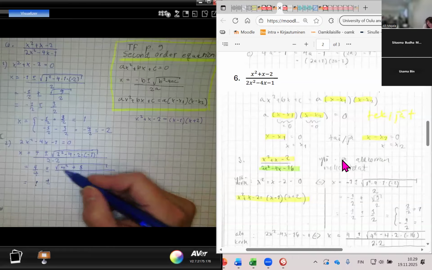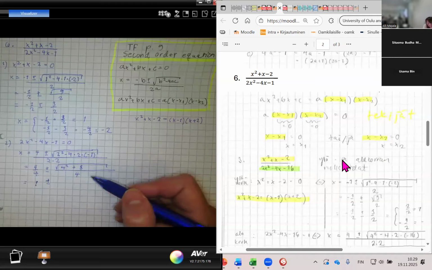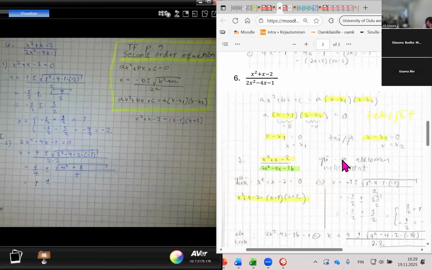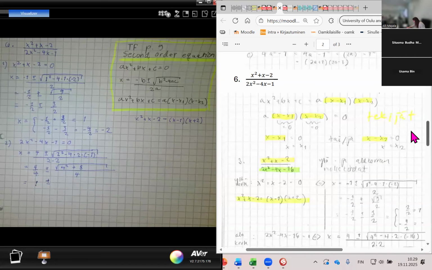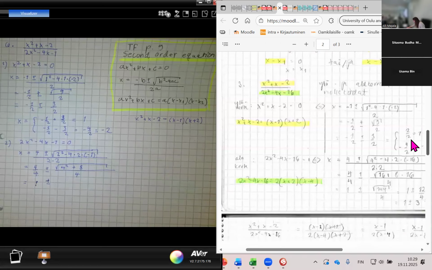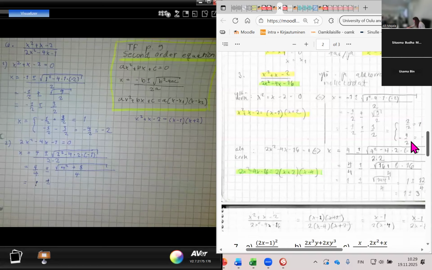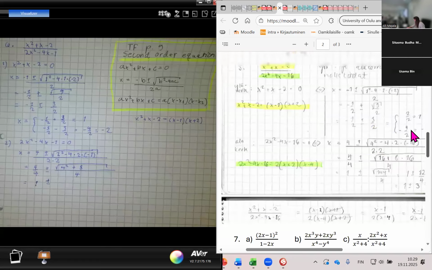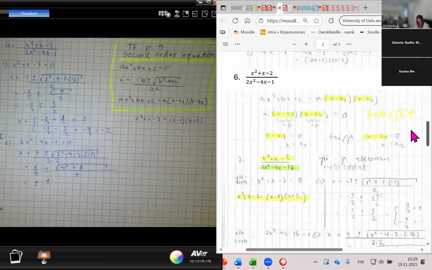So if I have 16 plus 8, that's 24. But this doesn't go even now. Okay. Do you mind if I do a little modification here? Because if there is 16, then I get some even roots and then I get to some kind of a solution. Sorry about this, but now I have to do something.